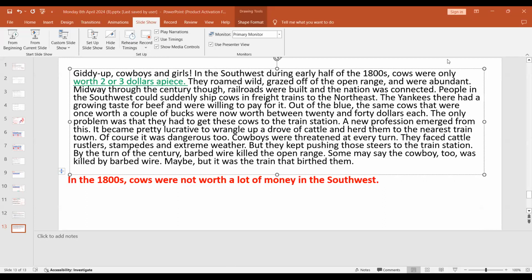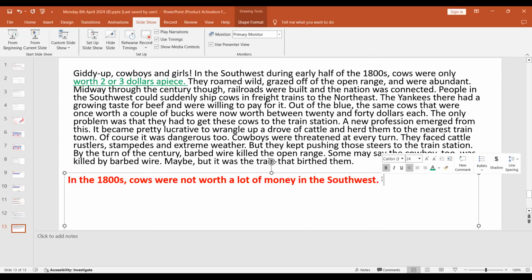You understand that, Myla? If I just say cows were only worth $2 or $3 a piece, all I'm doing is taking from the passage and putting it in my summary. I need to show that I understand what it means. I need to say that cows were not worth a lot of money, or I can say cows were cheap.